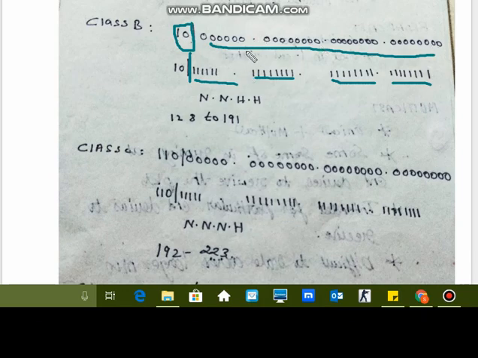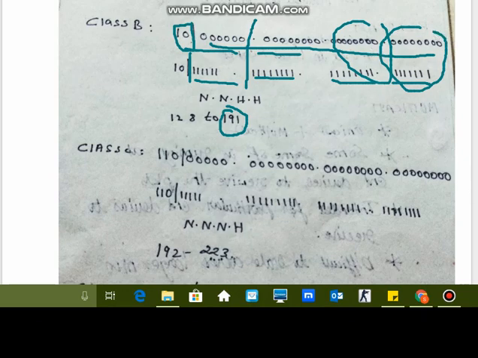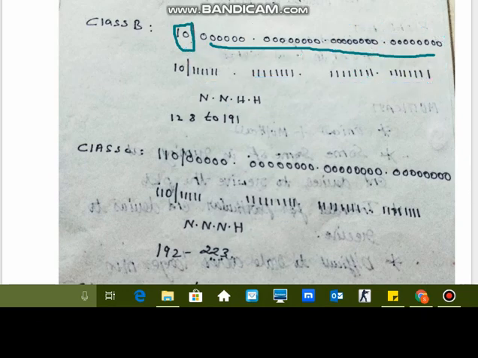We only consider the first byte. If you count the ones here, 1 2 4 8 16 32 plus 128, you will get 191. This is how it ranges, and as per the standard, the first two bytes are the network portion, and the other two bytes are the host portion.